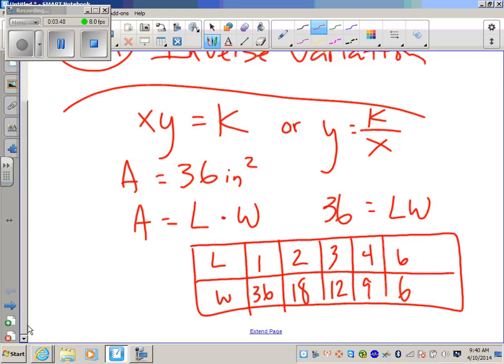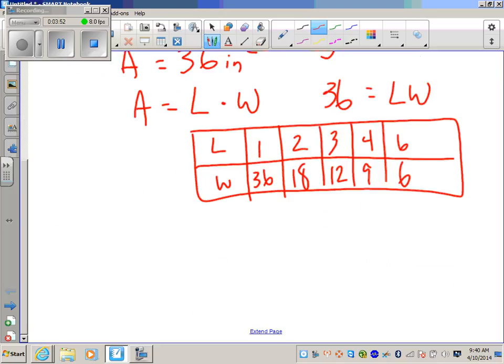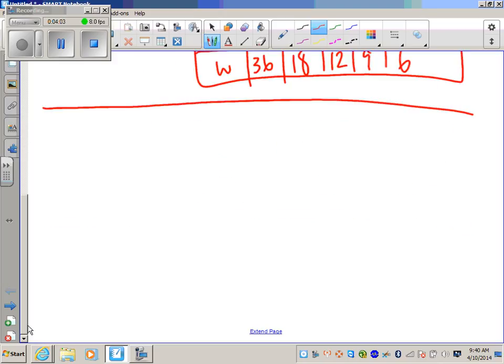Okay. Now here are some more in which you'll be seeing kind of like what you did yesterday. If y varies inversely as x, and y is 6 when x is 18, find x when y is negative 3.